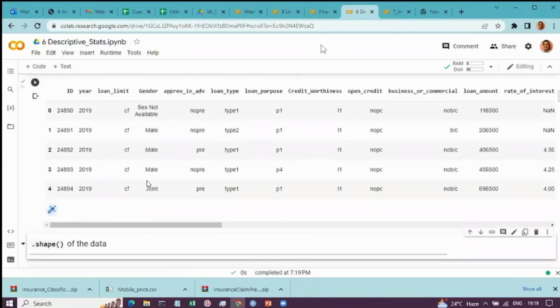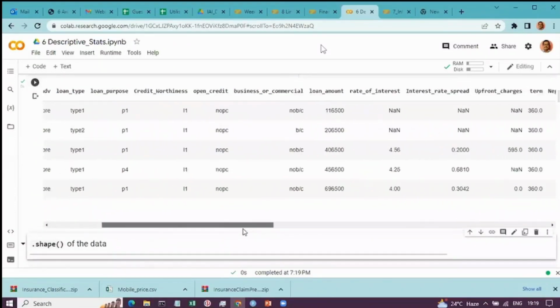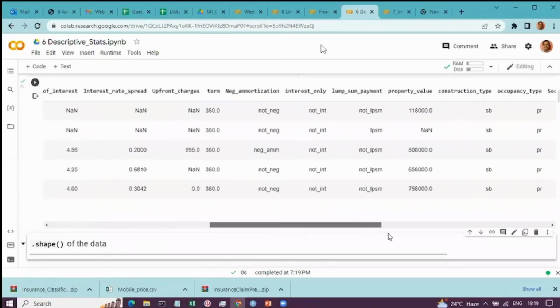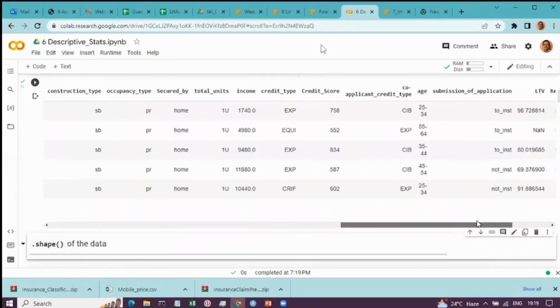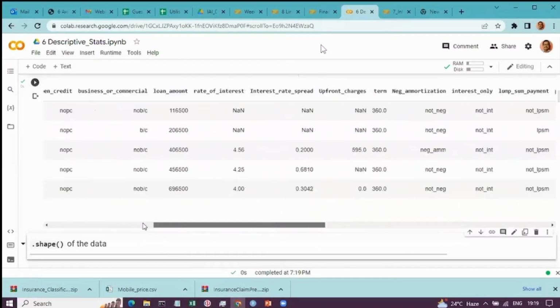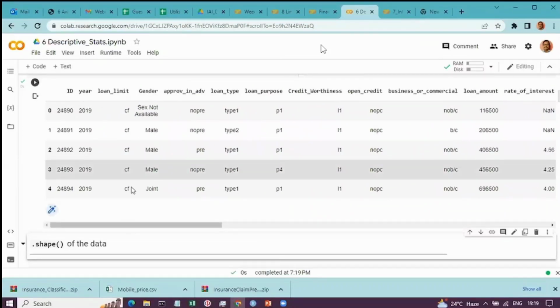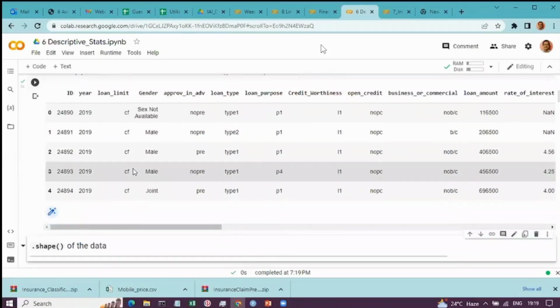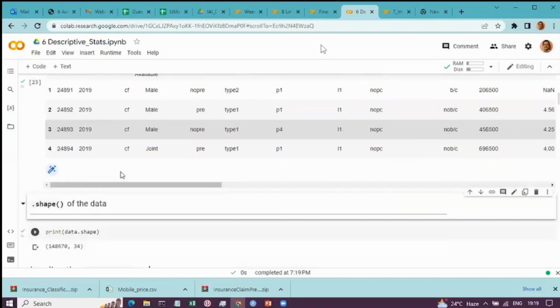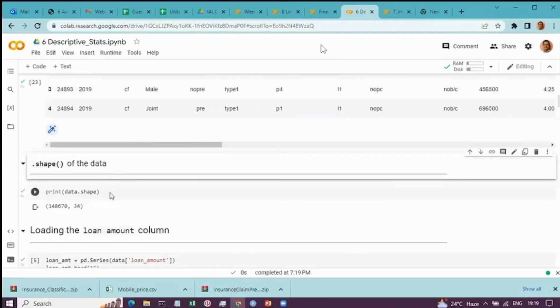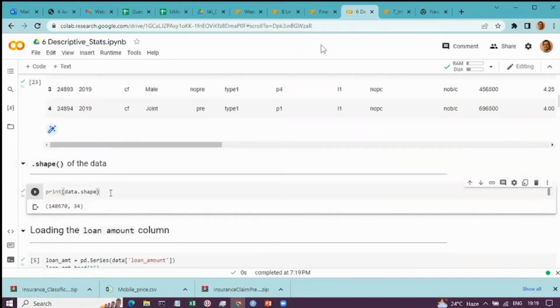Okay, we could see that there are so many categorical variables and so many numerical variables in the data. So this is the data that we have been using also. I can very well look at the shape of the data to find out how many rows and how many columns are there in the data.